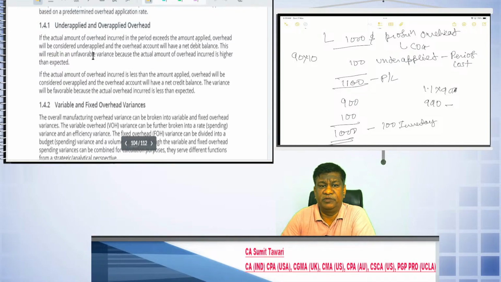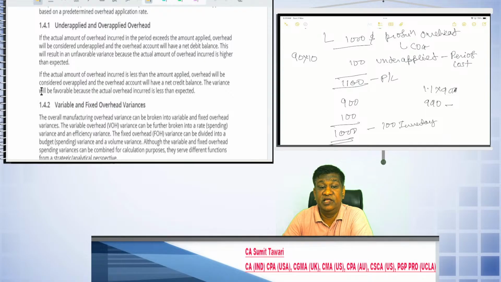So this is under application and over application. If the actual amount of overhead incurred in the period exceeds the amount applied, the overhead will be considered under applied and the overhead account will have a net debit balance. This will result in unfavorable variances because the actual overhead incurred is higher.